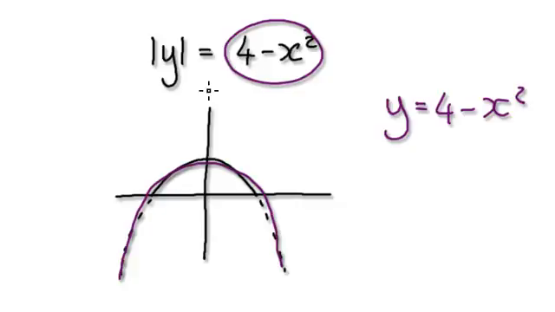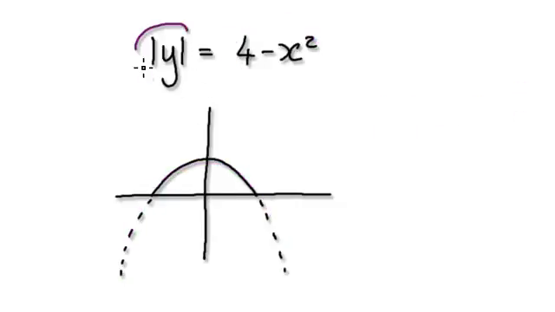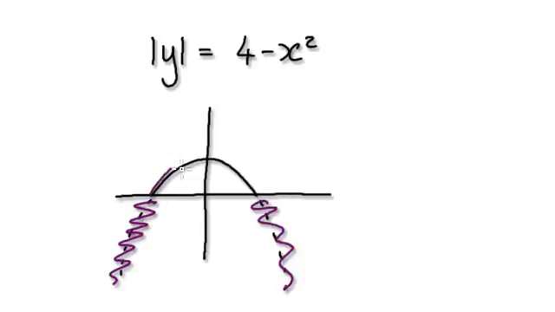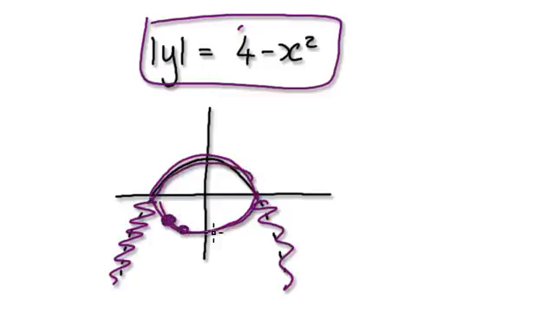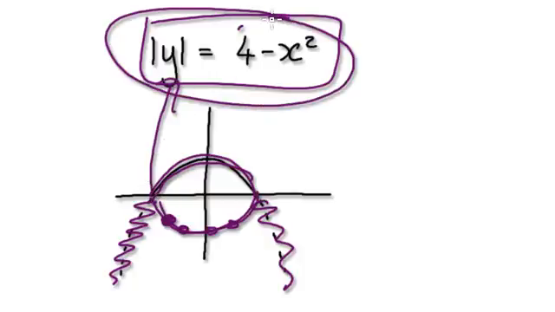Then for some reason, because you've got an absolute value of y here, it will disregard everything that's negative, and then what's left gets reflected, and all the points along this line will satisfy this whole thing here.